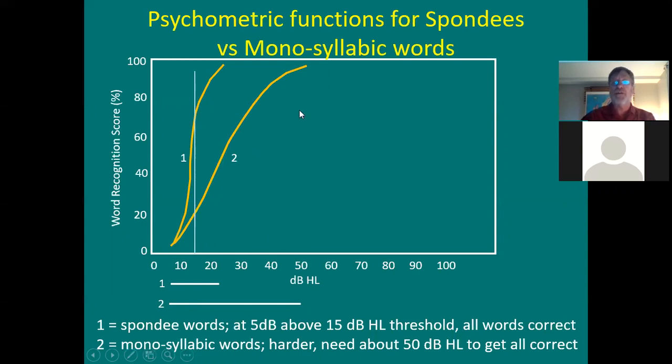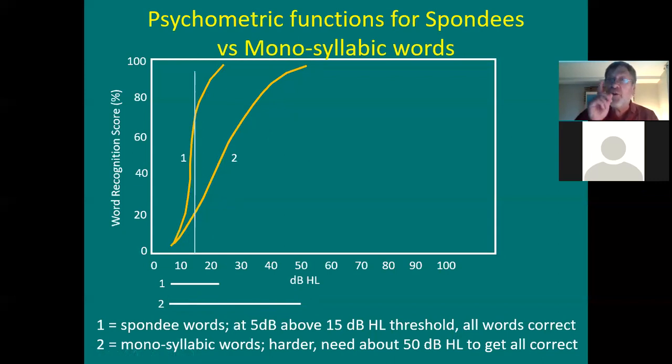And if I say them at 50, now he's getting them all. See what I'm saying? So for single syllable words, the performance intensity function is more slanted. The decibel distance between getting all of them or none of them is no longer small. It's a big range, about 40 decibels wide.